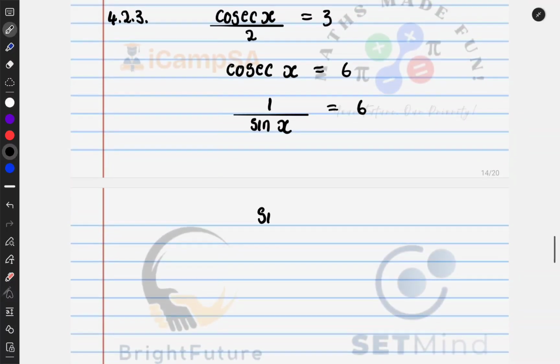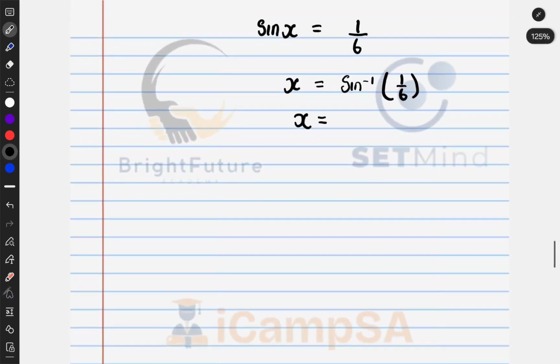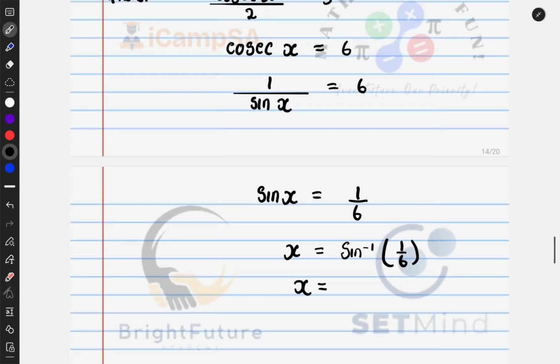We're going to have sin x is equal to 1 over 6, and therefore x is equal to sin inverse of 1 over 6. x is equal to 9.6 degrees.